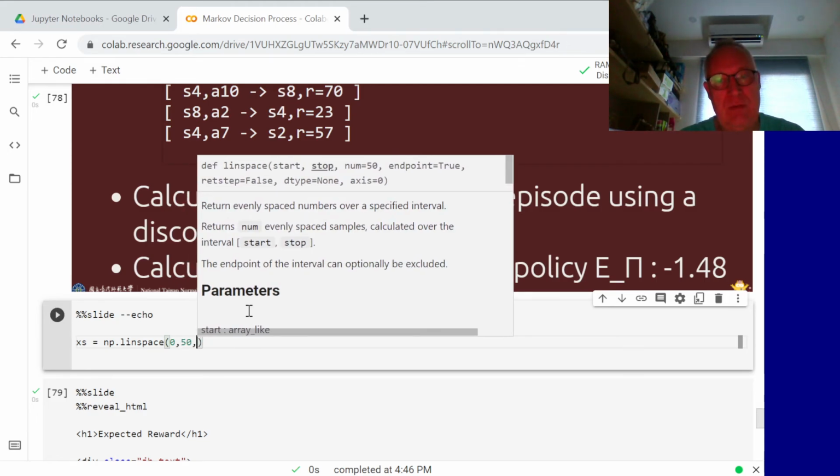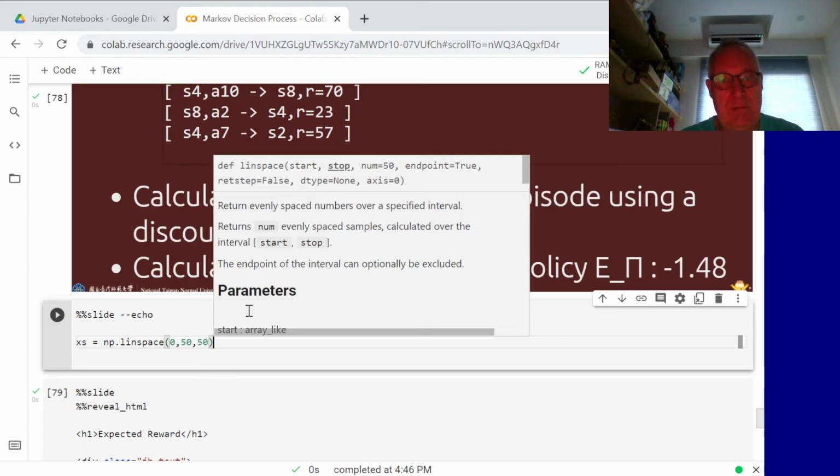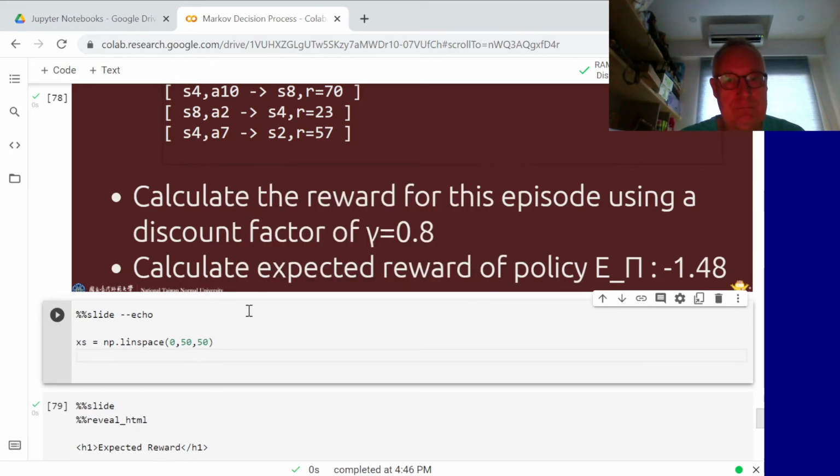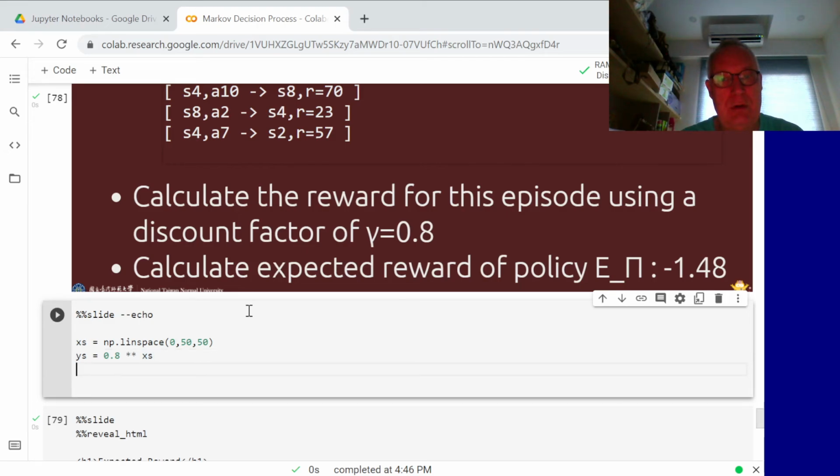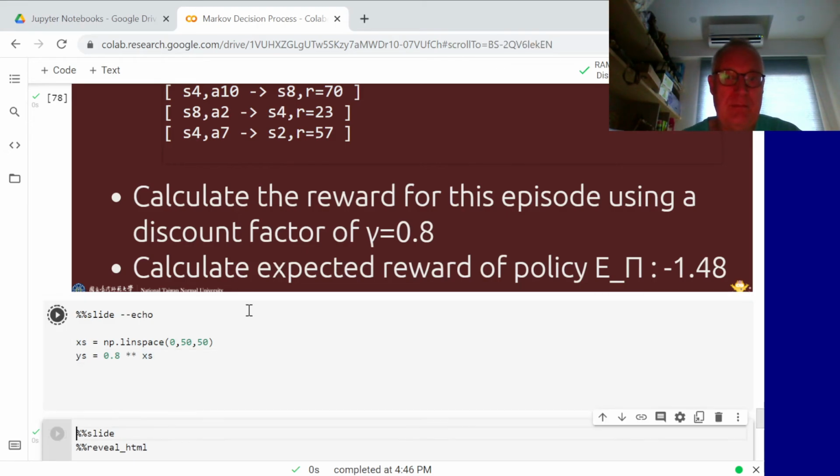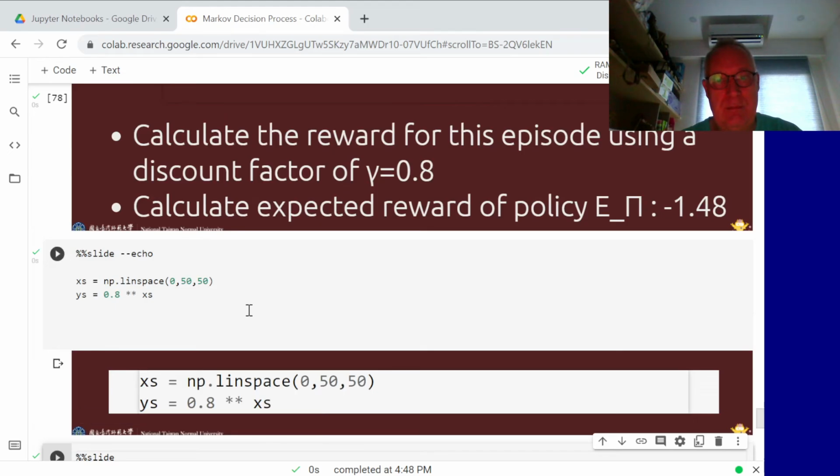Oh, 50, 50 is equal to xs, 0.8 to the power xs. I'm not sure if that works. Bah, NumPy for the win again.